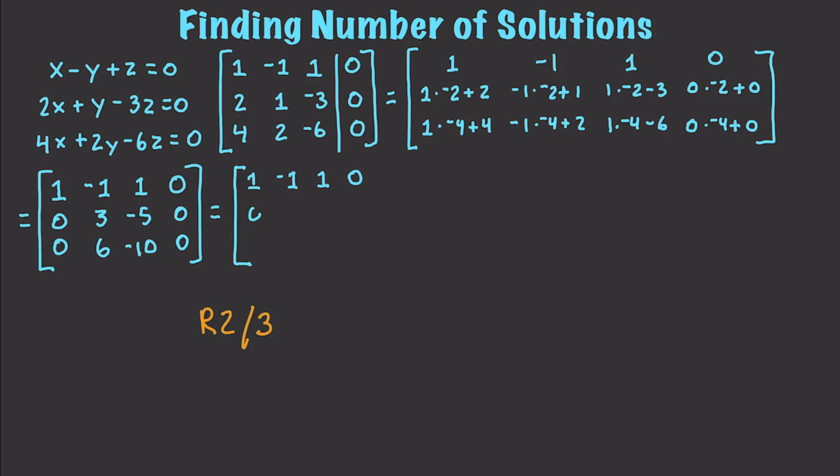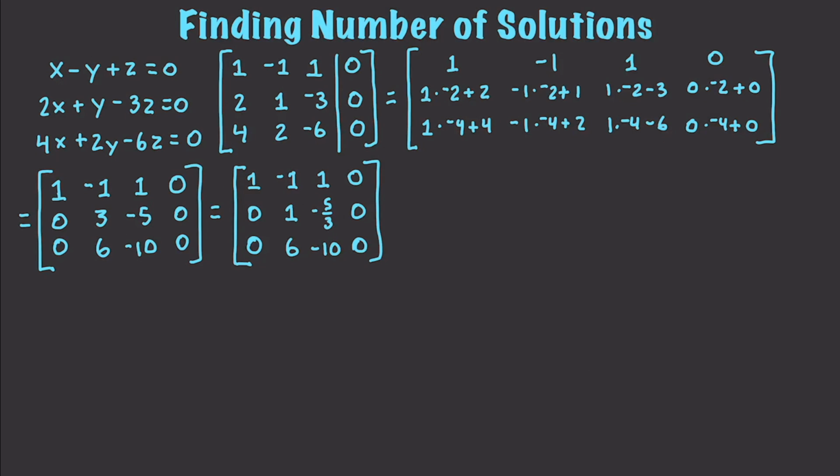This is going to be 0, 1. So we got the 1 we wanted. This is going to end up being negative 5 over 3. And this will be 0. And of course, this doesn't change. 0, 6, negative 10, and 0. All right, so we got that all set. And there we are. Okay, so now what are we going to do?